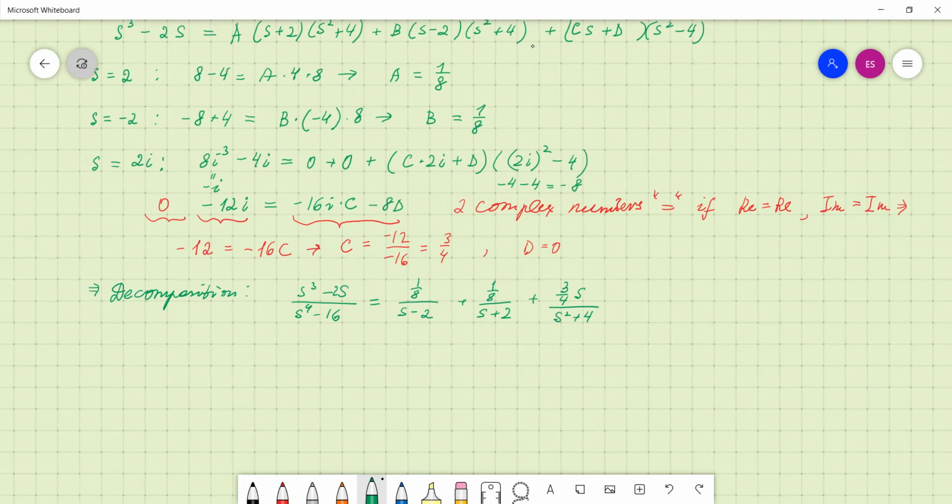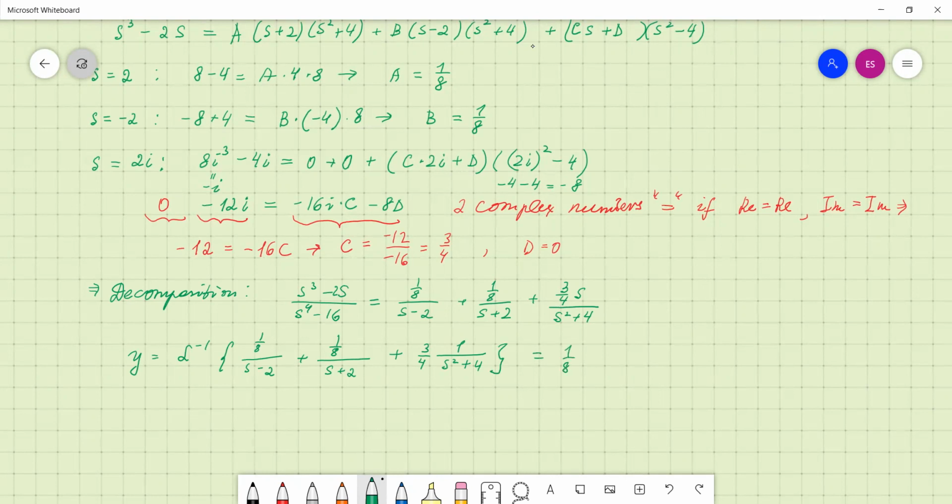Now we are going to apply the inverse Laplace transform to this and get our function y. Y equals Laplace inverse of 1 over 8 times 1 over s minus 2 plus 1 over 8 times 1 over s plus 2 and plus 3 over 4 times s over s squared plus 4. What do we know? First, we can take 1 over 8 outside.